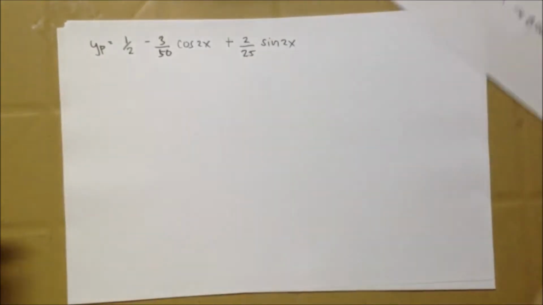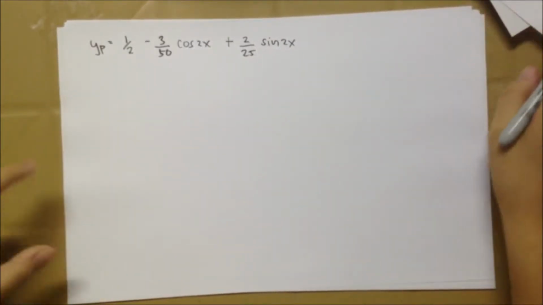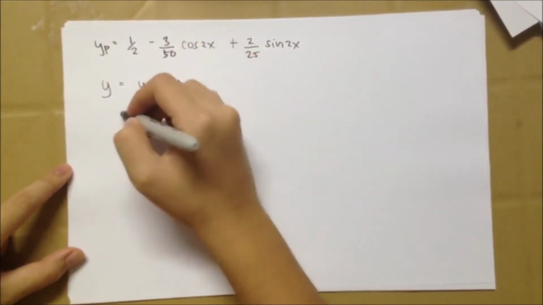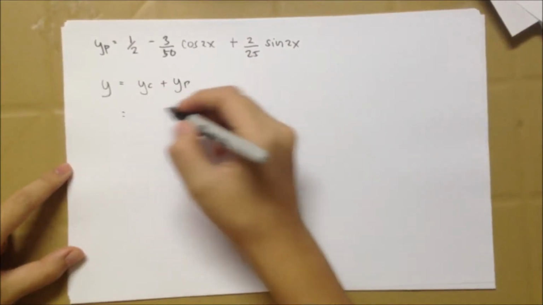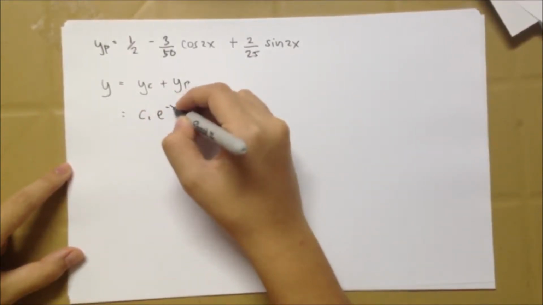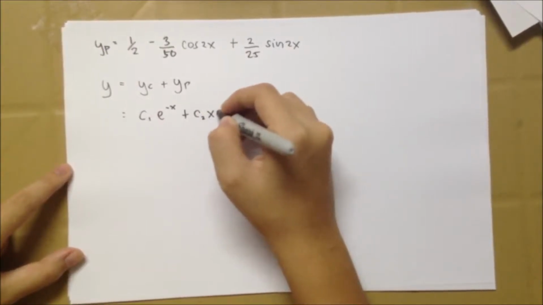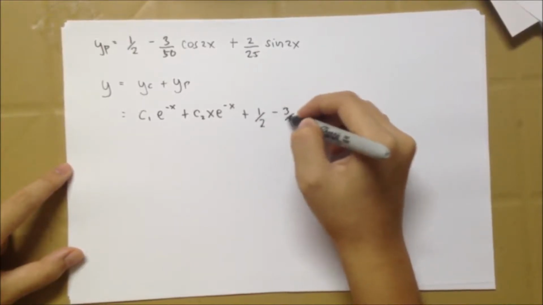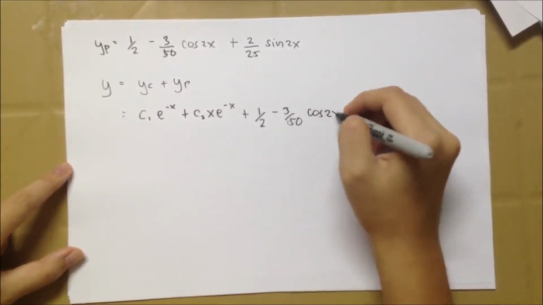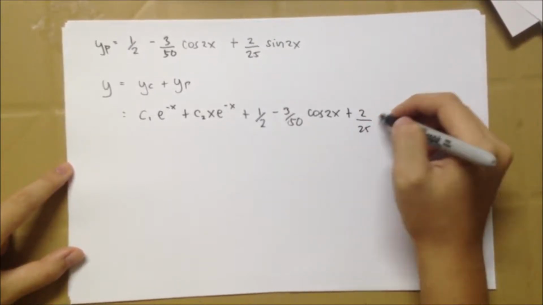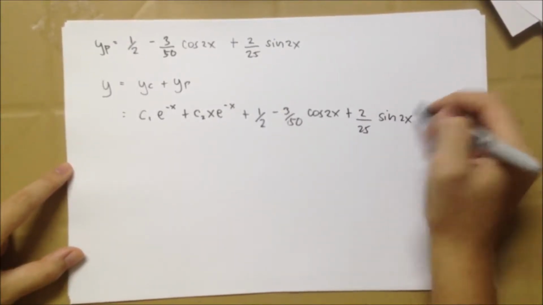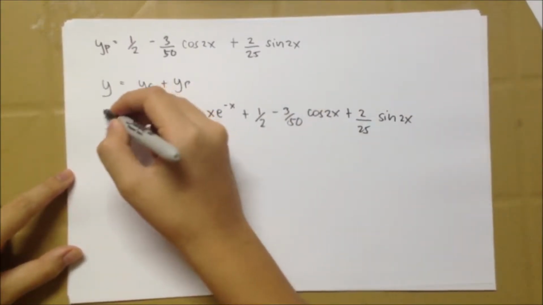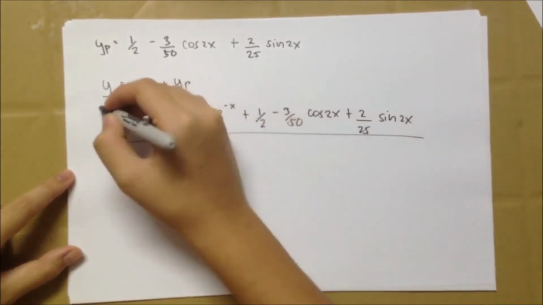So thus the complete solution for this differential equation, which is y equal to yc plus yp, is equal to our homogeneous part, which was c1 e to the negative x plus c2 x e to the negative x, plus our yp: 1/2 minus 3/50 cosine of 2x plus 2/25 sine of 2x. So this is our general solution, or our complete solution for this differential equation.